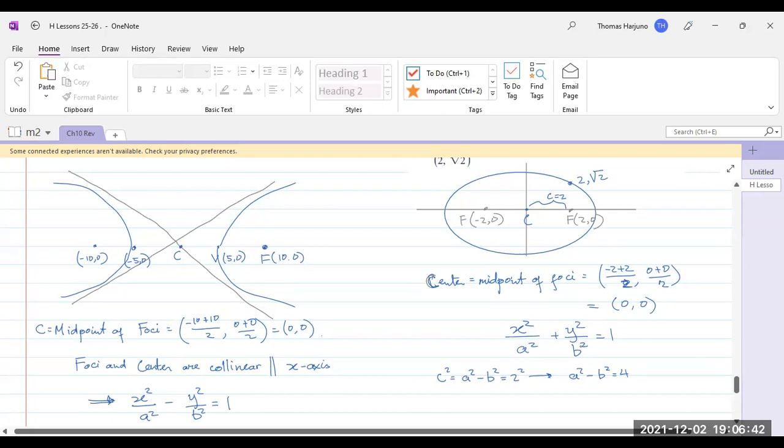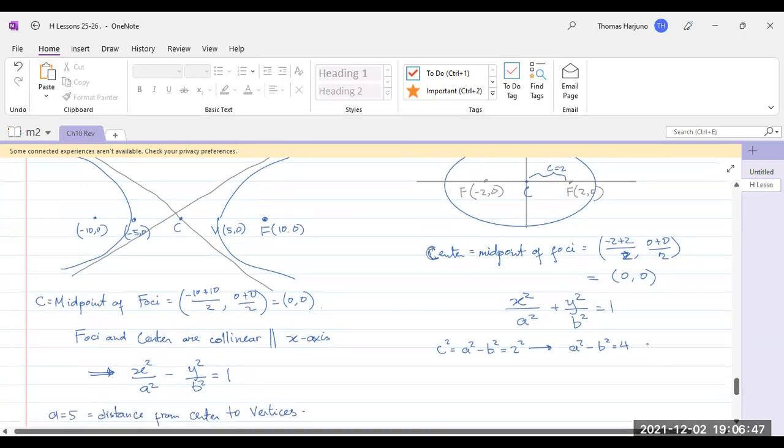At the same time, this equation must be satisfied, this is the first equation. The second equation: it passes through 2, radical 2, right? So 2 squared over a squared plus radical 2 squared over b squared equals 1.